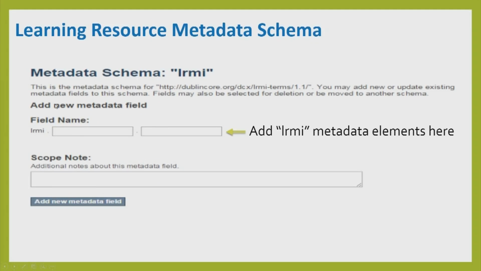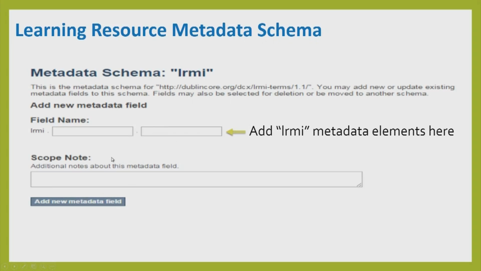How to do that? In DSpace we get the metadata schema registry, where we can enter a metadata schema. First we have to enter the metadata schema namespace, that is LRMI, and after entering the namespace I can enter the metadata elements, in the form LRMI dot element dot qualifier.